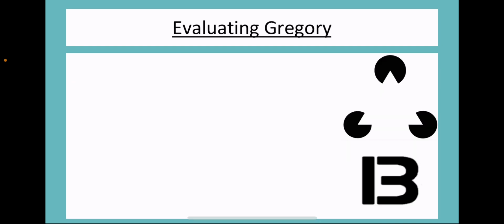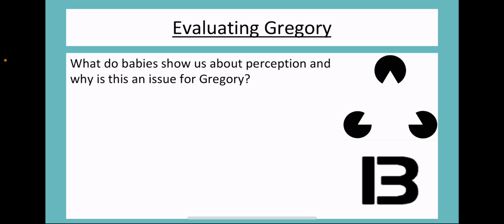Okay, so if you're going to evaluate Gregory's theory, we now need to start thinking about why he might be correct and what evidence is out there to maybe challenge him. If we think about, again, the opposite to the last video, the opposite to Gibson, if we think about what babies show us, babies show us that they can make perceptions from the second that they're born.